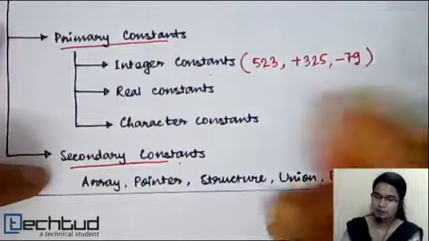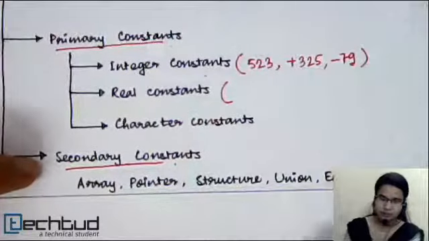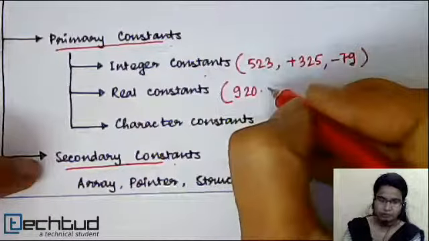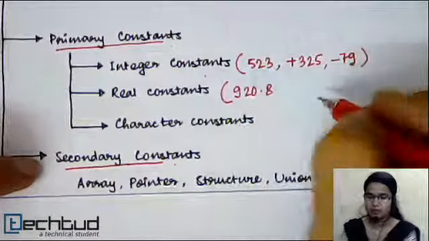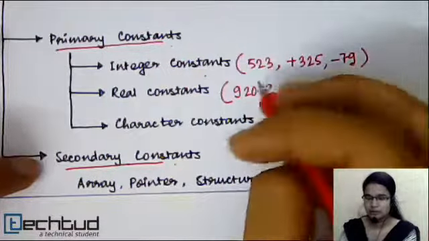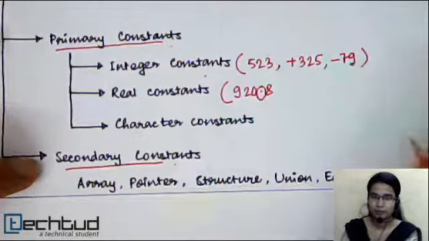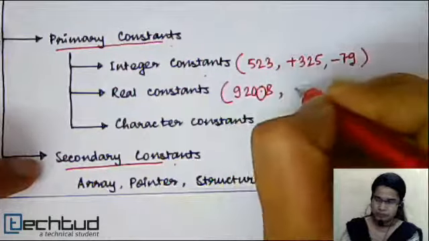Okay. Similarly, in real constant, maybe 920.8. So in real constant, the mandatory thing is this decimal point.